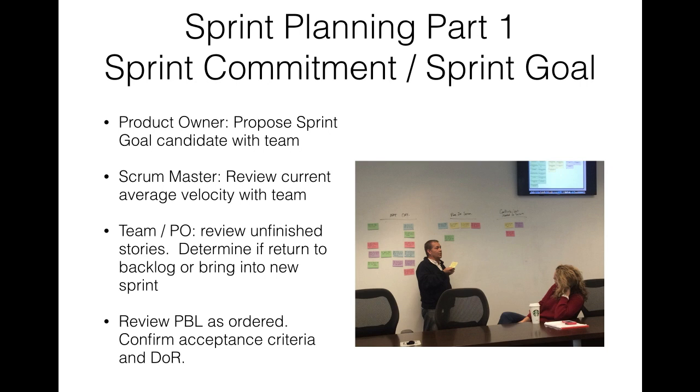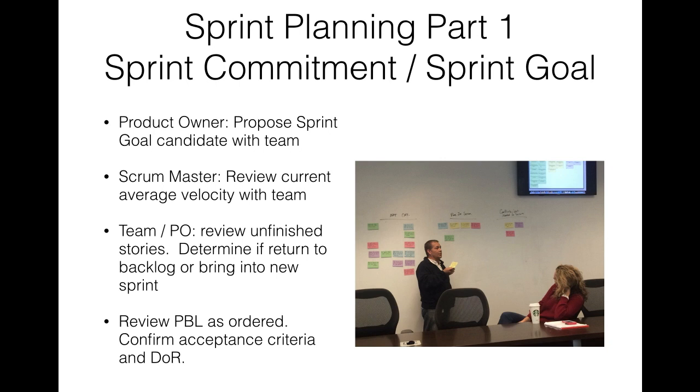With that vision and that goal in mind, the team can know which stories are the proper stories that need to be done, which stories might be missing, and if there's conflicts in the middle of a sprint where we may need to swap work in or out, the team knows by looking at the sprint goal what stories they would be able to pull out of the sprint and replace with something else that's of a higher urgency. If the team were to take a story out that would stop the sprint goal from being accomplishable, then they would be aborting the sprint goal.